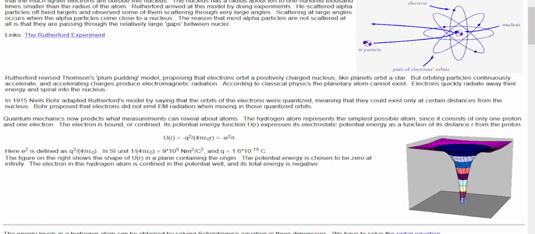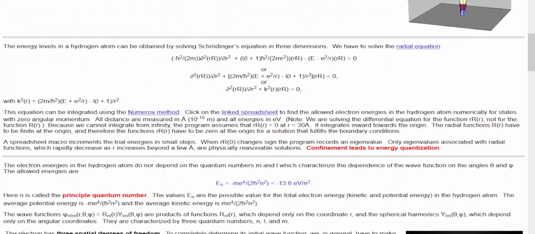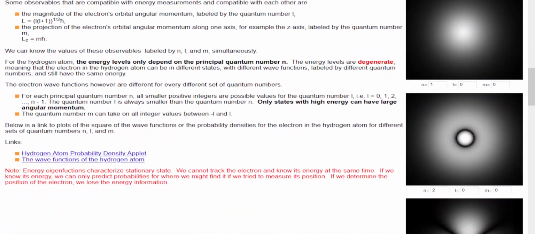So energy well, you can see here on the right bottom, this is our energy well. Okay, so please go through the website. You will get very detailed information about the energy wells of hydrogen atom.